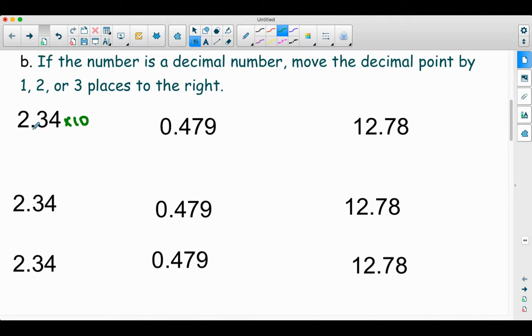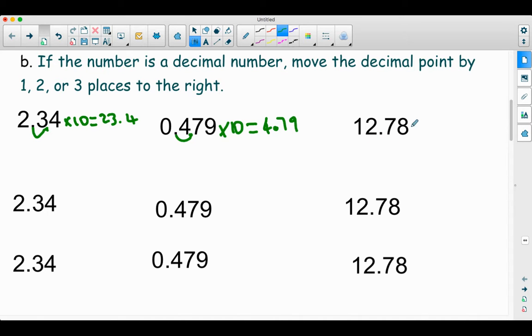We need to move the decimal point 1 place to the right. So now we are going to get 23.4. 0.479 times 10. You are going to move the decimal point 1 to the right. So that will be 4.79.